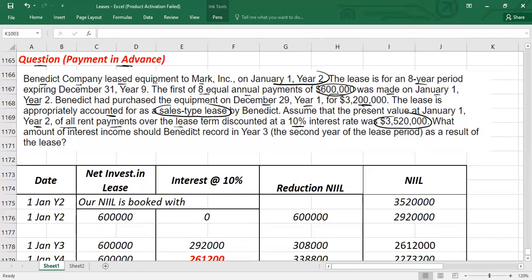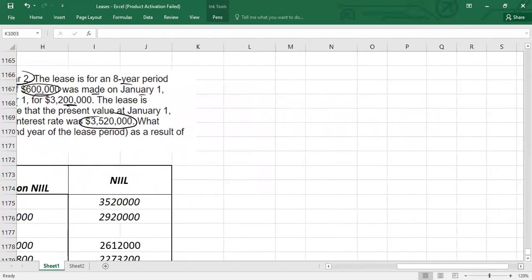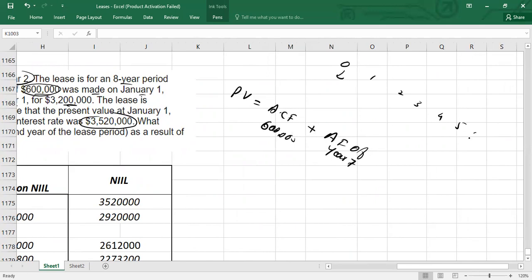Otherwise, guys, you can calculate the present value. Okay. If you want to calculate the present value, the annuity due concept is there. There are different ways to do it. If I want to calculate present value, I will take annual cash flows, which is going to be $600,000, and I will multiply with the annuity factor. I will take the annuity factor of year 7. Why? Because there are 8 payments, and the first payment we make today. 0, 1, 2, 3, 4, 5, 6, and 7.